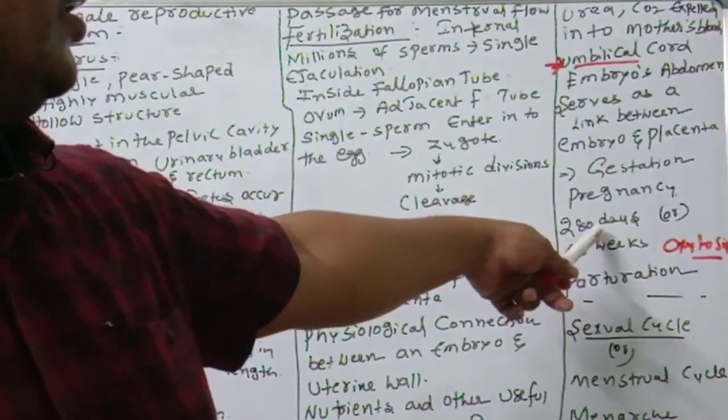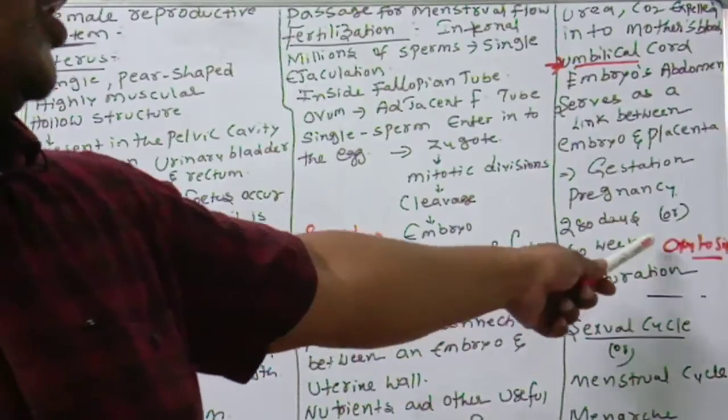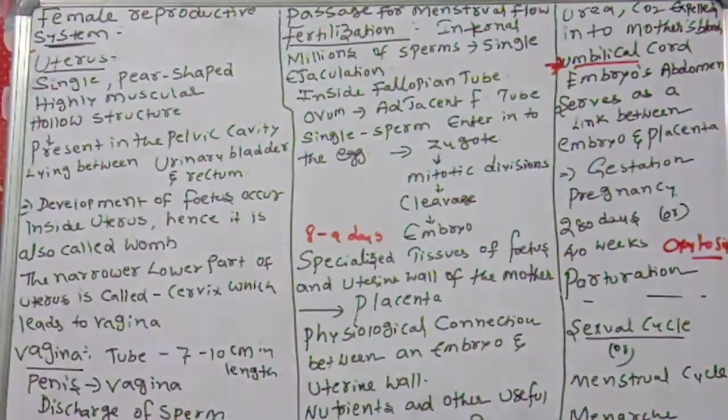From which part will the umbilical cord be formed? The embryo's abdomen. What is the gestation period, how many days or weeks, and which hormone is responsible for parturition? What is menarche, what is menopause? The starting of the menstrual cycle is menarche, the end of the menstrual cycle is called menopause. These many concepts are there to discuss. We will discuss them in the next class.